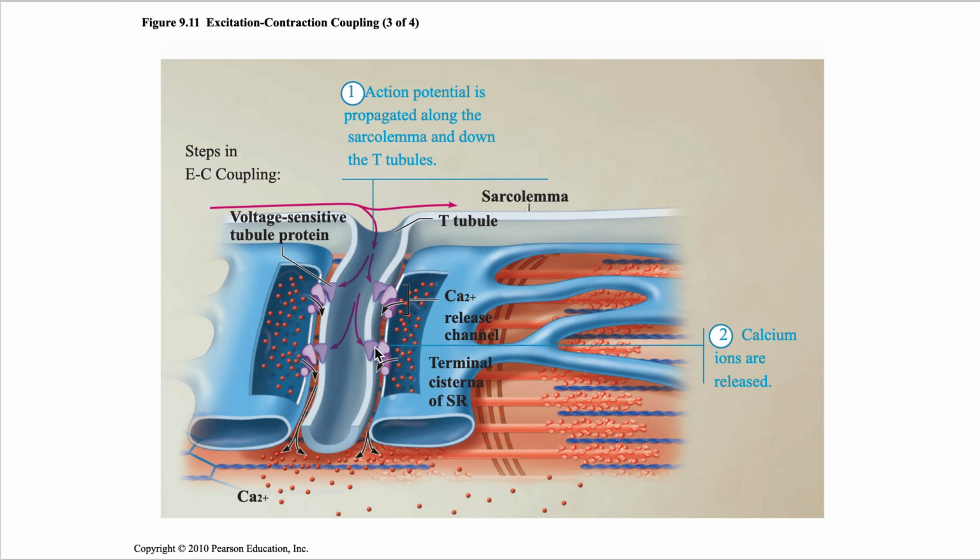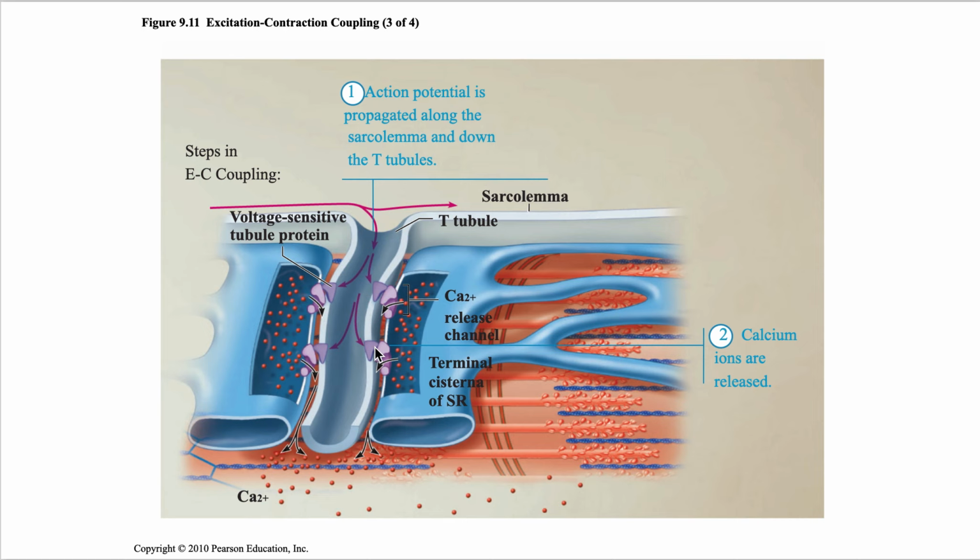There are gates in these T-tubules that are connected to the sarcoplasmic reticulum. If you remember biology, the endoplasmic reticulum is essentially a network, like a river system or a tunnel system inside the cell, where all kinds of things happen kind of in a quicker manner.